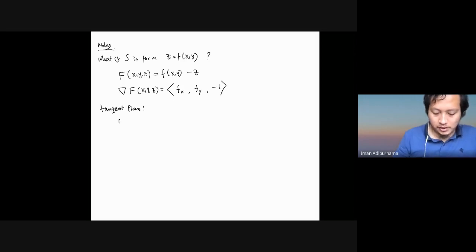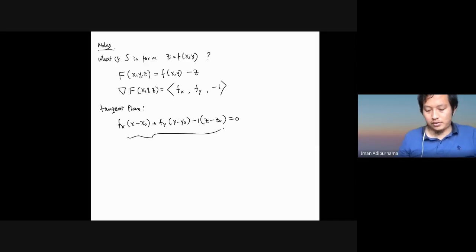The tangent plane becomes, you can use this just to solve. Okay, that's just a special case.